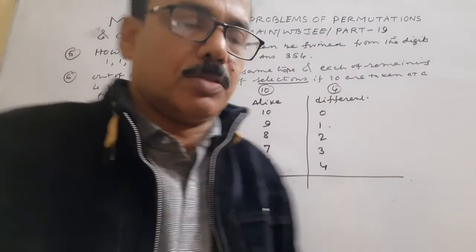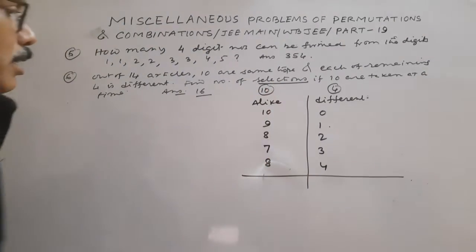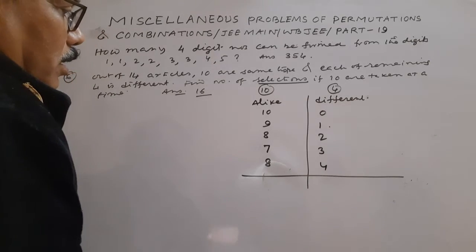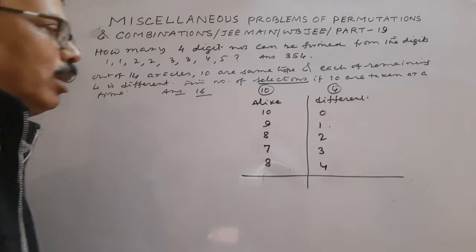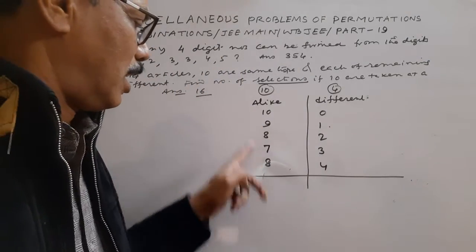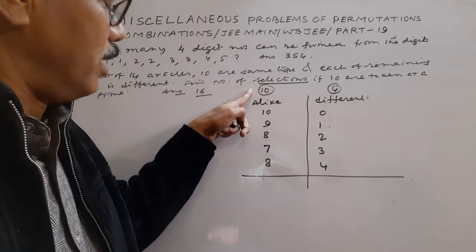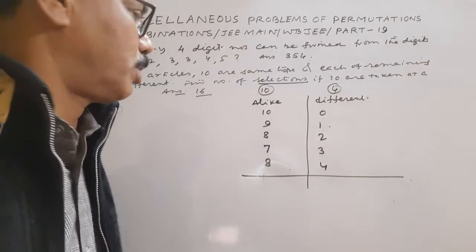Now if out of 10, they are all alike, then in each case selection is 1. Out of 10, you can take 10, 1 at a time. You get 1 possible way.